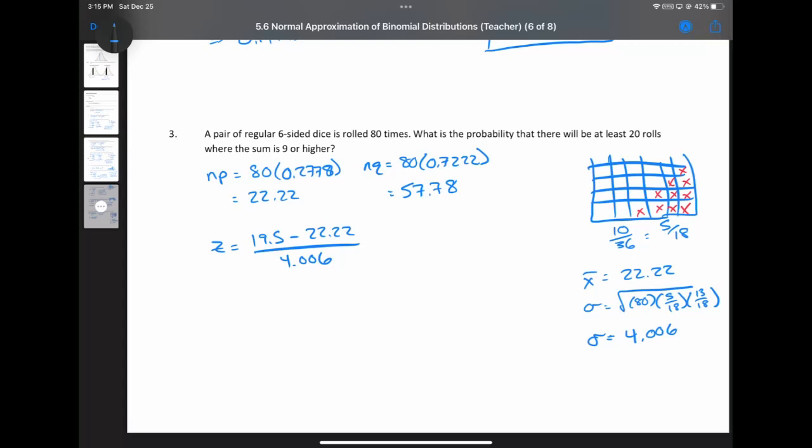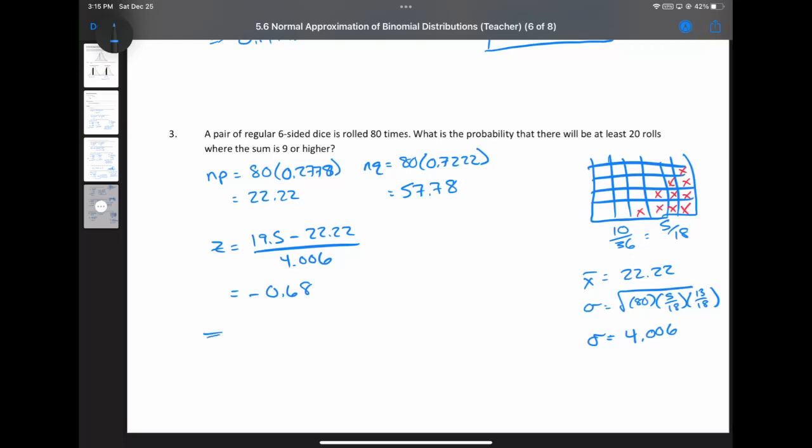At this point, all of our rounding is going to be washed away since we have to round this off to 2 decimals anyway. And it's going to round off to negative 0.68.